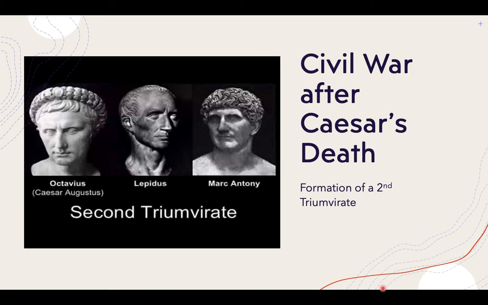Lepidus and Antony sided with each other, and they wanted to begin a war against Octavian. In doing so, Mark Antony allied himself with the part of the Roman Empire called Egypt. He goes to Egypt, and he falls in love when he meets the Egyptian pharaoh at that time, Cleopatra.